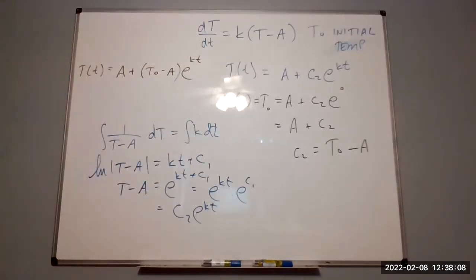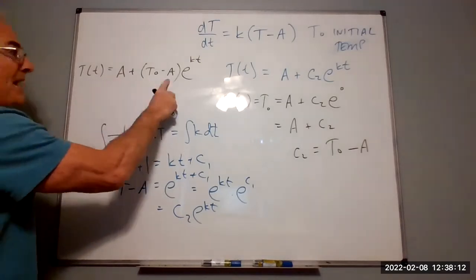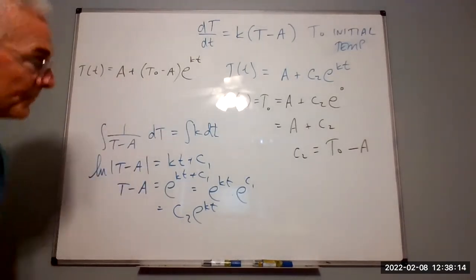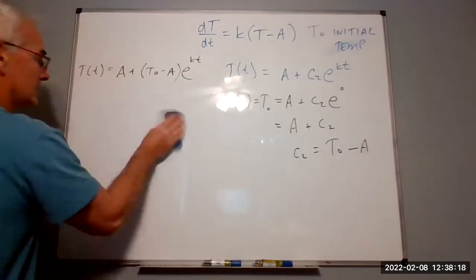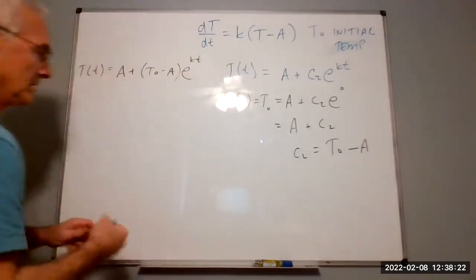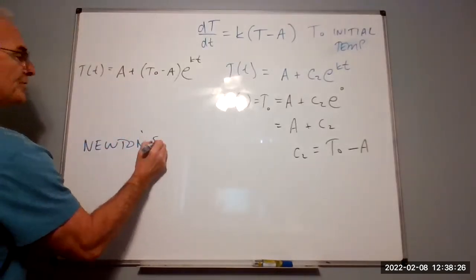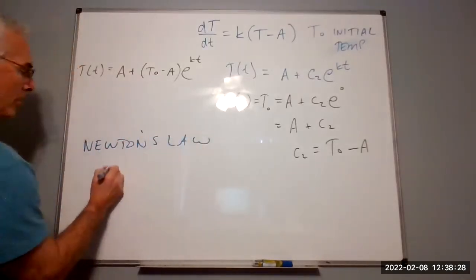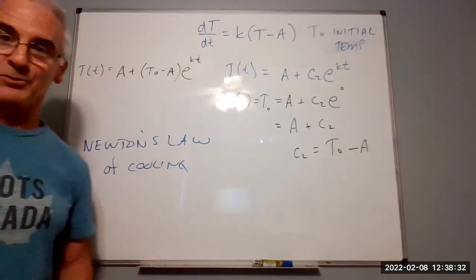I still have to calculate little k, but that's a constant that's known. This process, this formula, is called Newton's law of cooling. And that is Isaac Newton.